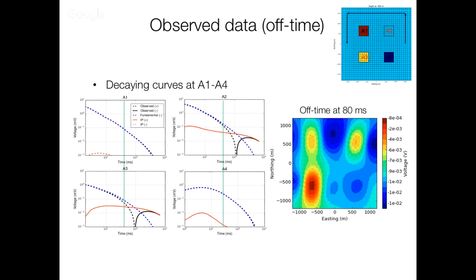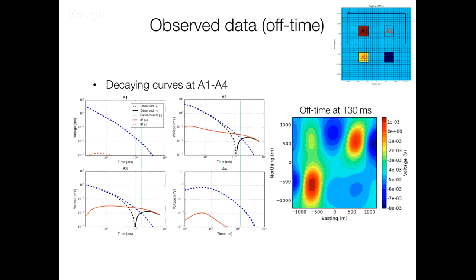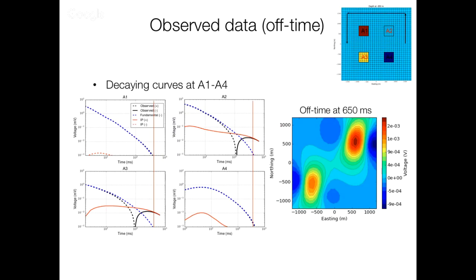So this response is actually coming from the chargeability of the object. And now if I go to 130 milliseconds, I see that I've got these two blocks here. So now I'm clearly in the chargeable zone. And at this very late time, I'm definitely chargeable.